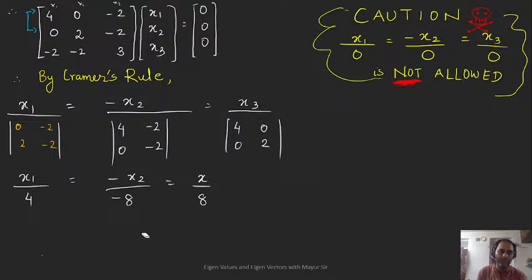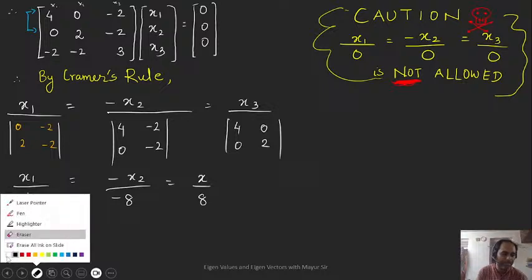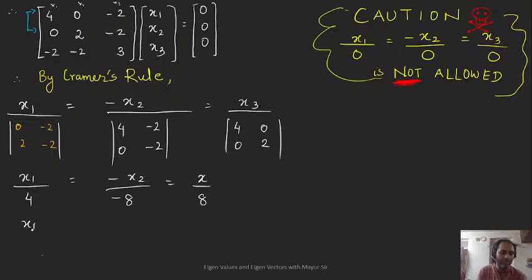Let us quickly now go for solving this. So x1 over 4, you always simplify it to the reduced terms. Don't write all terms, which means don't scale it up. I would say this is x3, here x3 over 8.